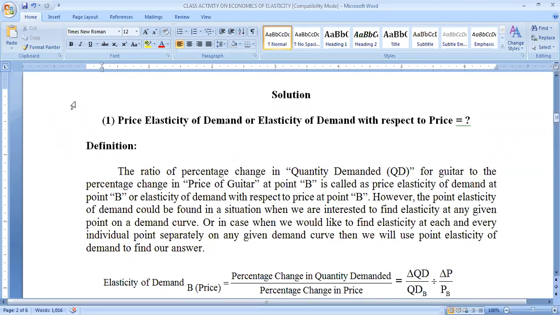Or in case we would like to find elasticity at each and every individual point separately. Say we have plenty of points upon a demand curve, and for each point the value of elasticity will be different. If I would like to find the value of elasticity for each individual point upon a demand curve, the concept of point elasticity of demand will be used. Then we will use the point elasticity of demand to find our answer.